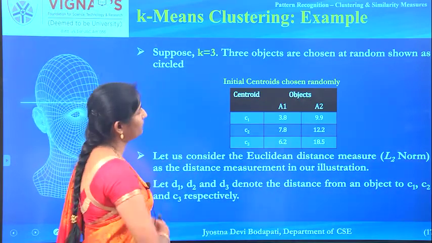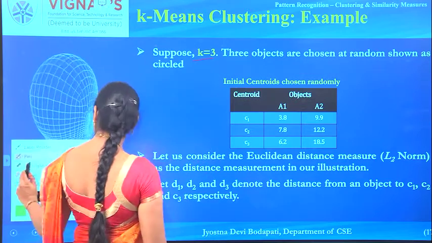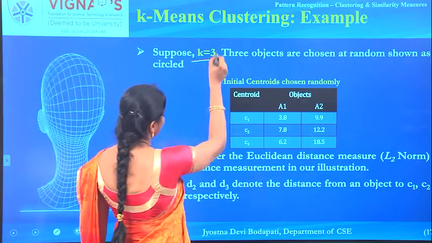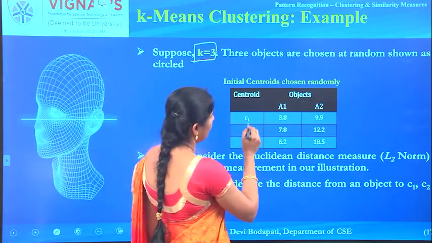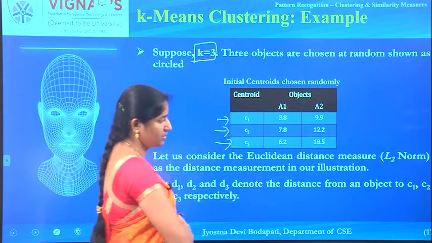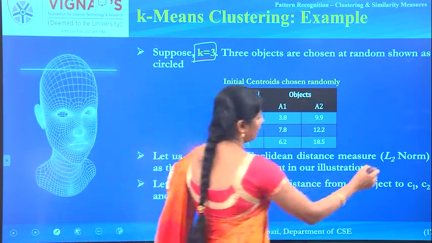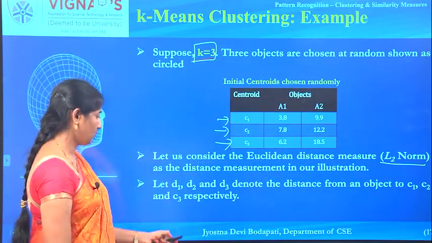Now let's consider one simple example with k equal to 3. So now I am assuming k value as 3 and these 3 are the cluster centers, the initial cluster centers, and I am going to use the L2 norm for identifying the distance measure.